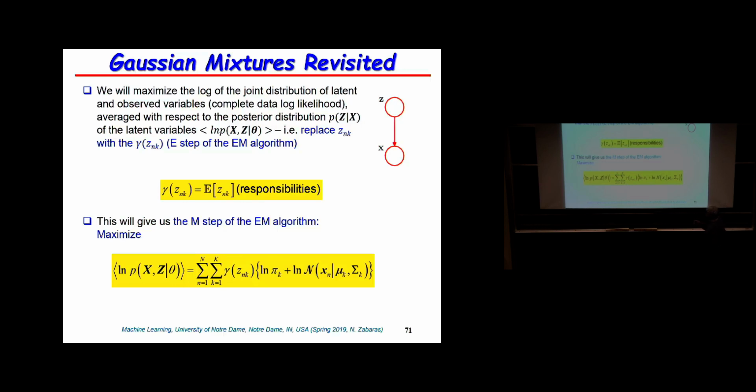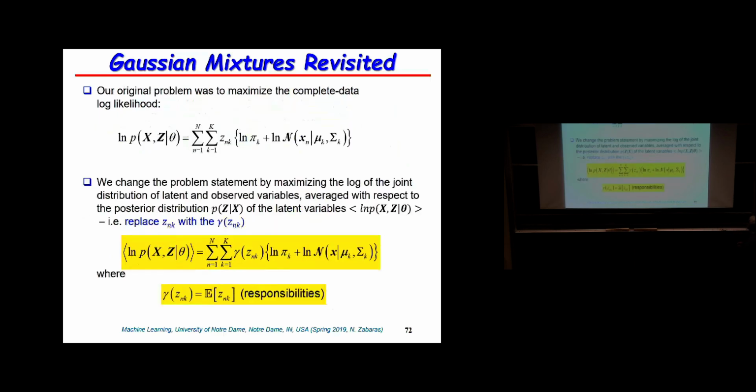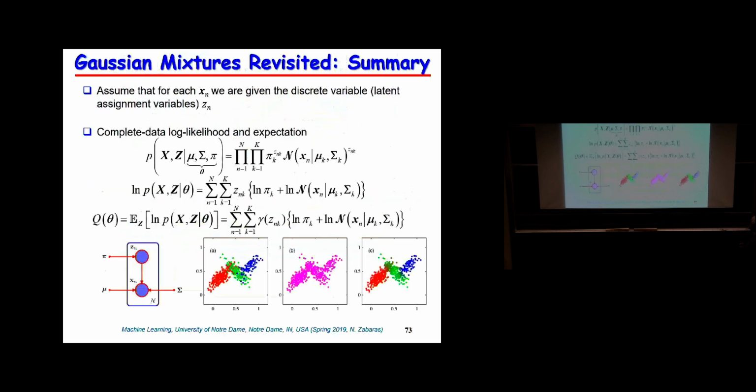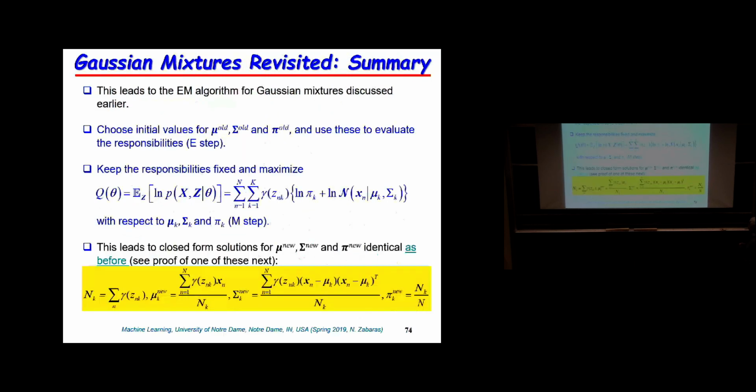It requires nothing else but writing the joint log likelihood and substituting Z_nk with these responsibilities, which we call gamma_nk.